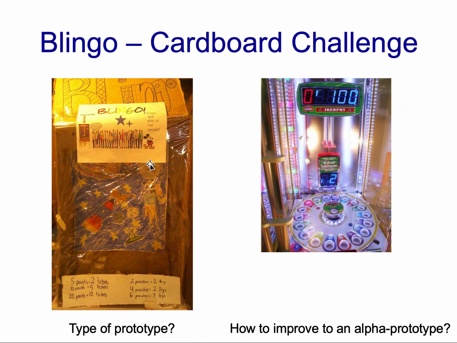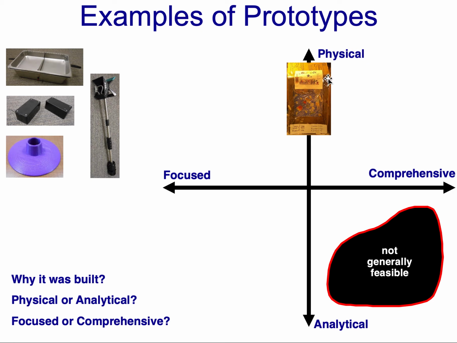Think about it, and how would you improve it to the alpha prototype on this side? It should be in the middle between focused and comprehensive, but it is leaning toward physical because it's not analytical, it's not a simulation. Those are some pictures of previous products that have been developed in the previous years.